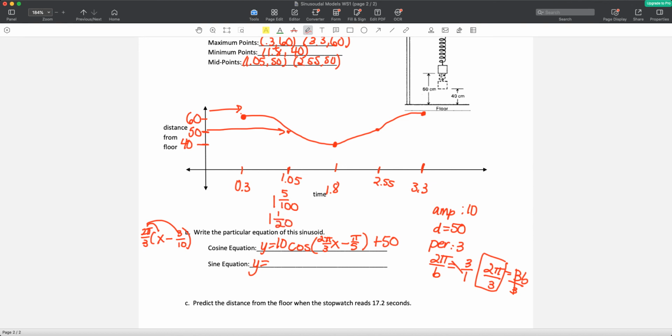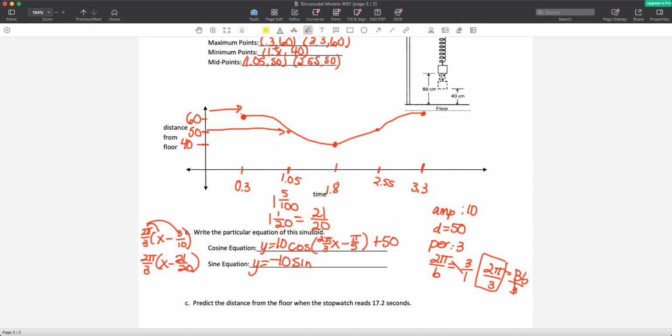And so as an improper fraction, that'd be 21 over 20. Okay. And so right here, I'm going to take my 2 pi over 3 and distribute that to x minus 21/20. It is going down from this point, so at the beginning I need to have a negative 10 because it's going down.